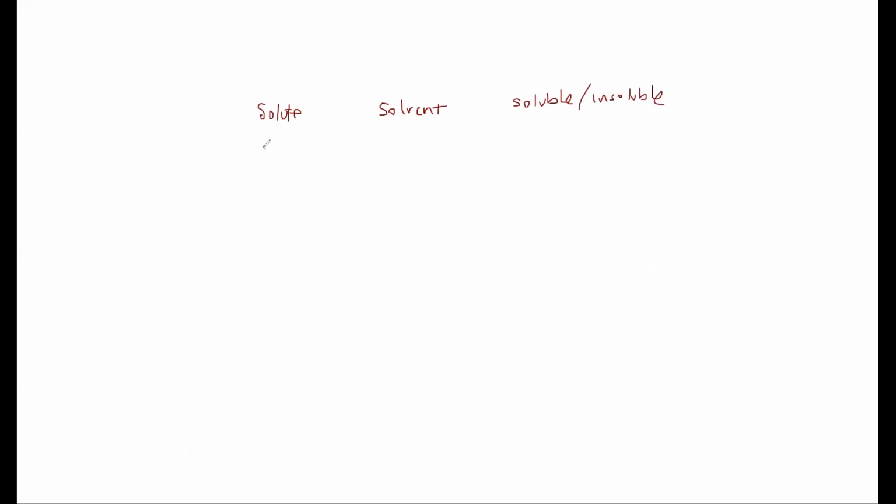If my solute is polar and my solvent is polar, the solute is going to dissolve, therefore it's going to be soluble. For example, my solute is NaCl and my solvent is water. The salt, NaCl, is soluble in water.